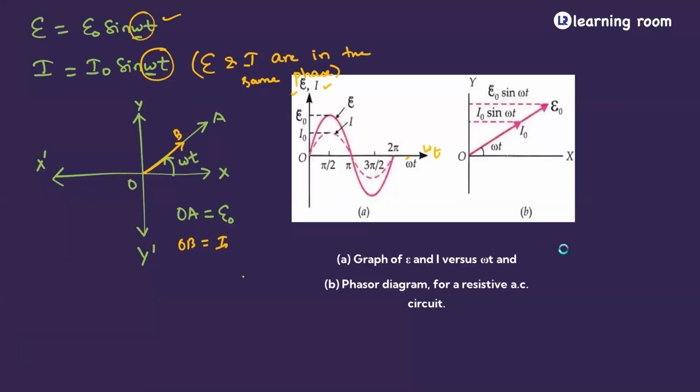So the EMF and current are going to be along the same line. So what does that indicate? That they both are at the same phase. They both are in the same phase.